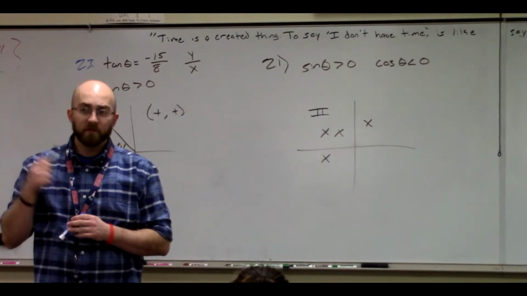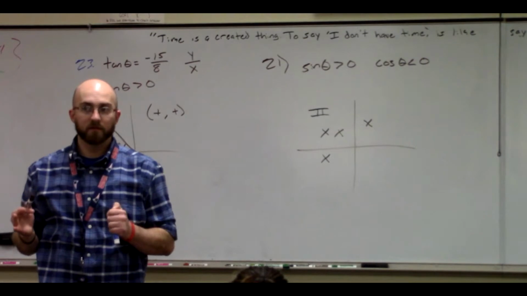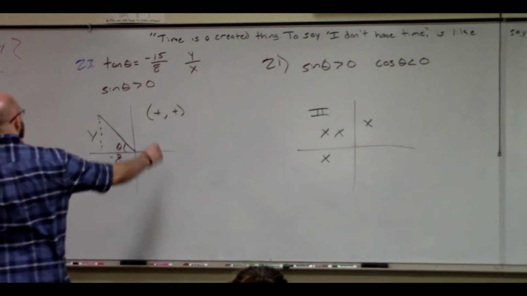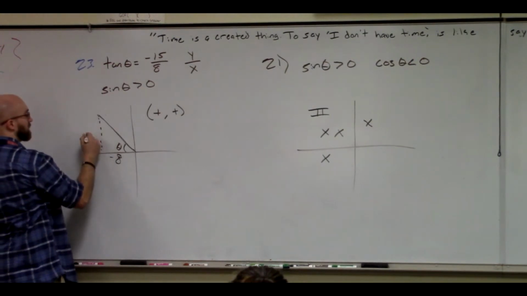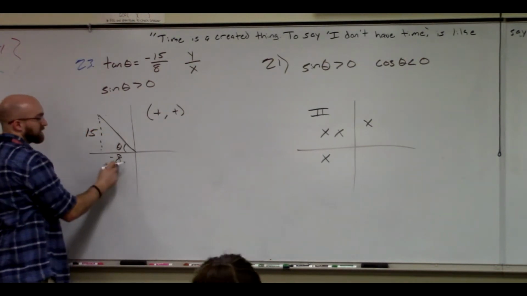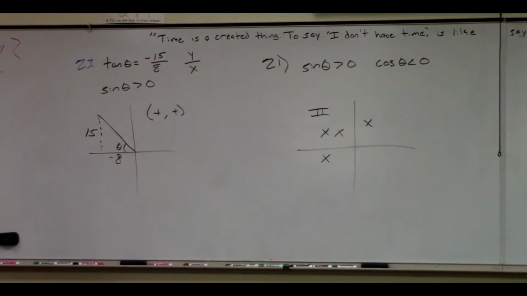Sine has to be positive based off this constraint. So that tells me this one is 15, and this is negative 8. I'm showing you the way that you can do it multiple ways.